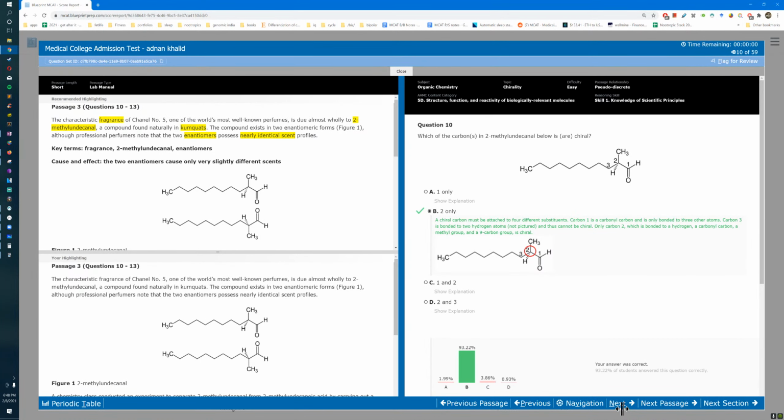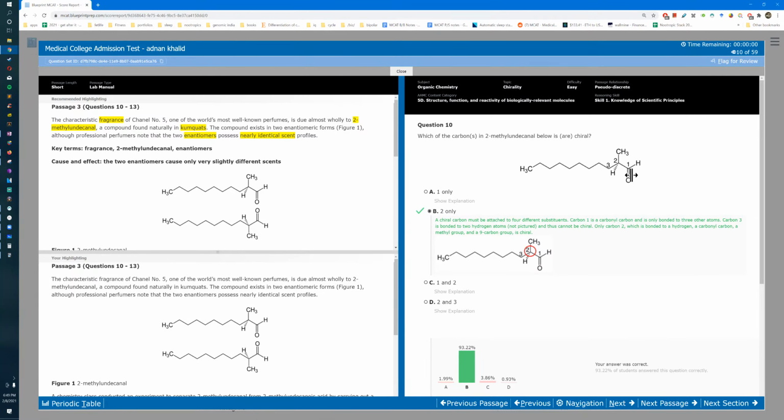Okay, this one. Which ones are chiral? So first of all, in order for something to be chiral, it has to be an atom, most of the time carbon, that's attached to four other atoms, and all 4 of those atoms must be different.